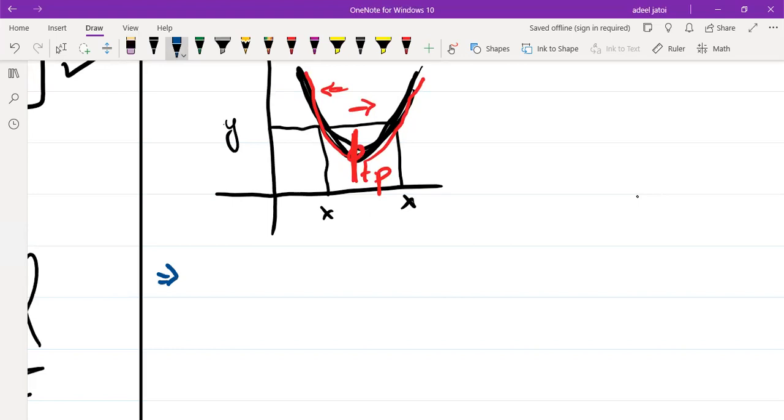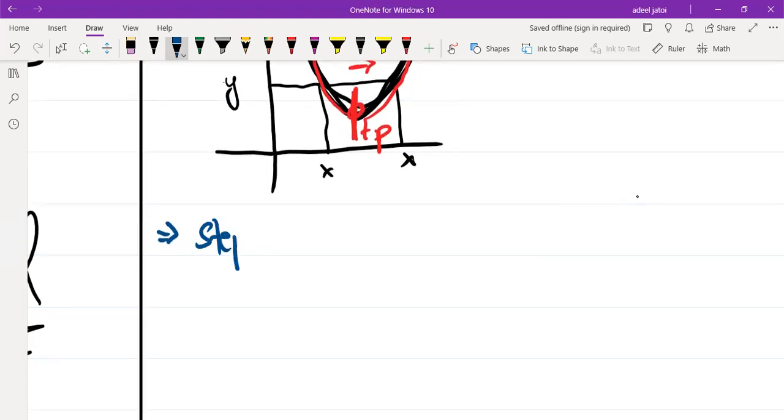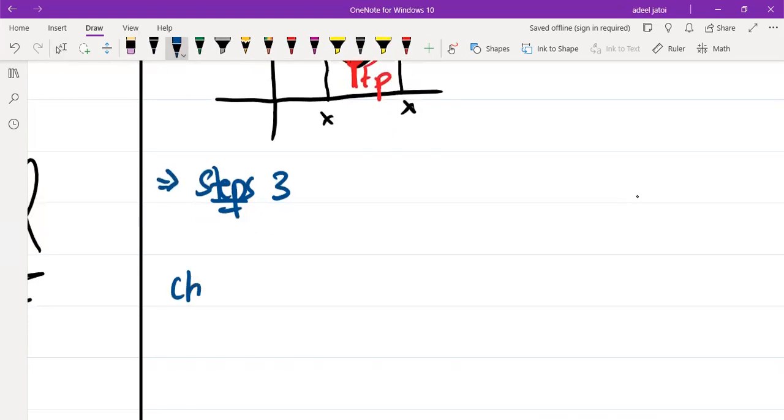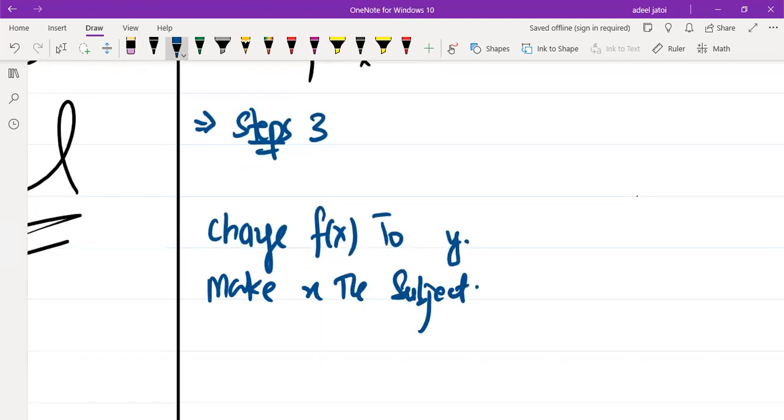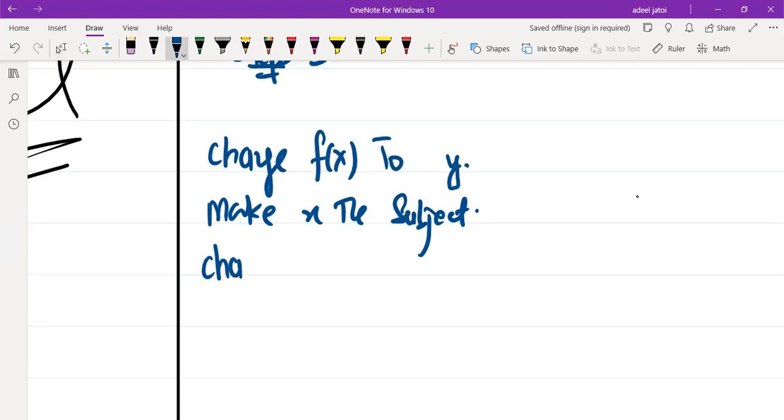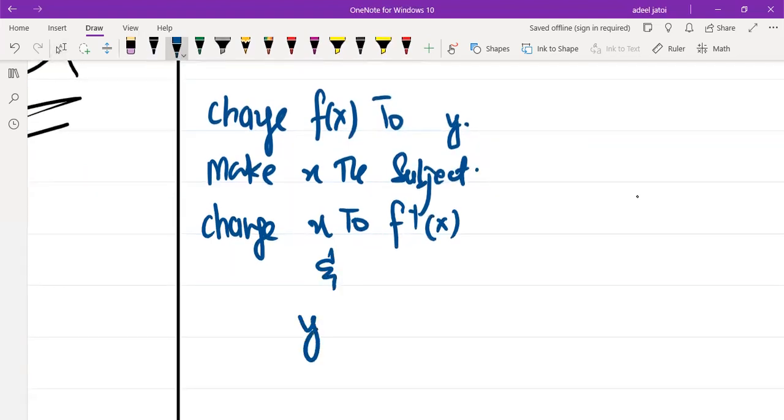The other thing is, what are the steps of inverse? There are three steps. Change f(x) to y, make x the subject. Number three, change x to f inverse of x, or if the question is of g(x), then g inverse of x, and y to x.